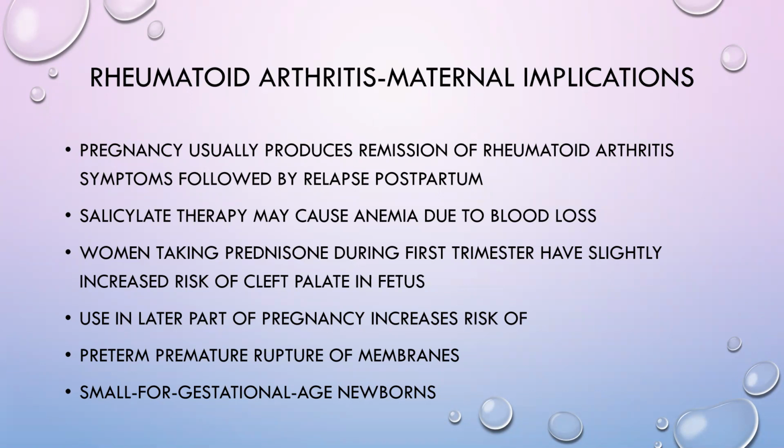Maternal activity levels, they need extra rest, particularly to relieve weight-bearing joints. They should continue their range of motion exercises during pregnancy, and if they are in remission, they can stop taking their medications during pregnancy.